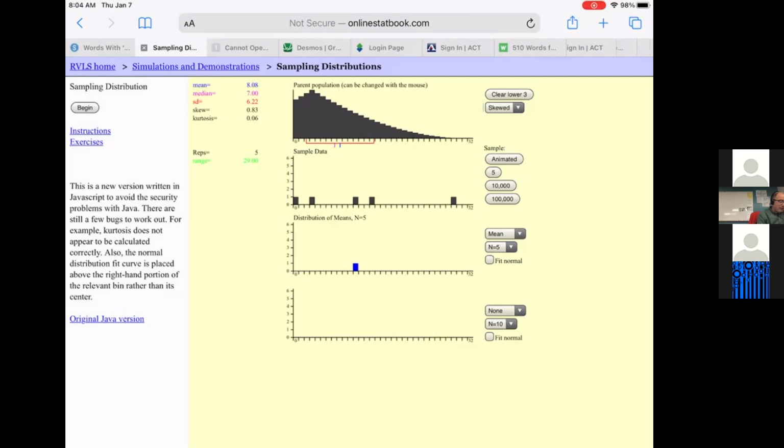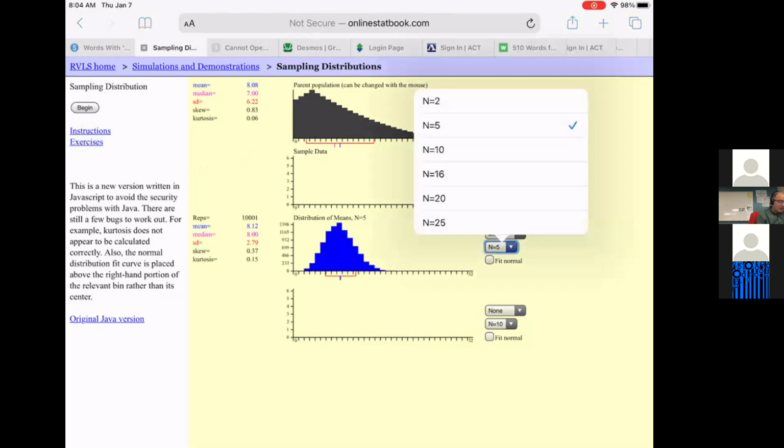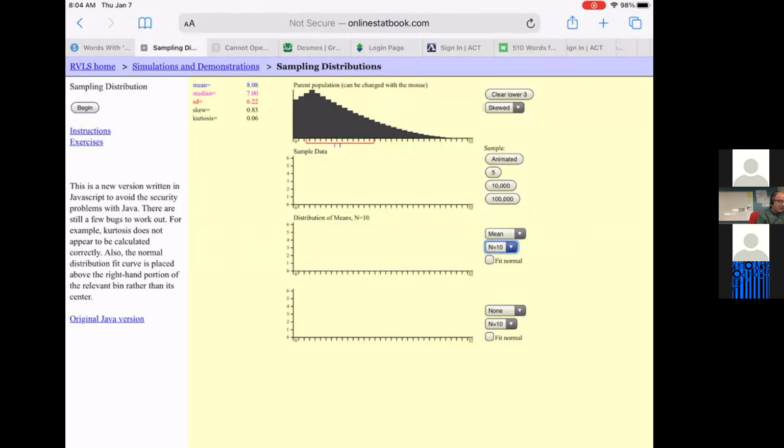If I did 10,000 of those, we can see that if I look at the blue distribution, it's out there at 2, and then it rolls out to about halfway, so that's probably about 16. However, if I double my sample size to 10 and give myself 10,000, if you look at the blue distribution again, you can see that my variability has decreased.